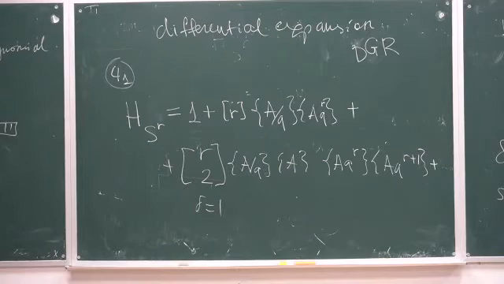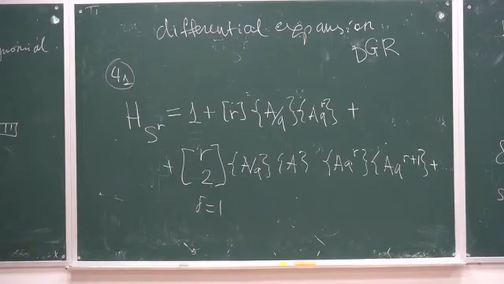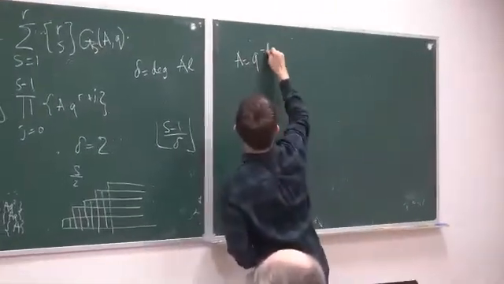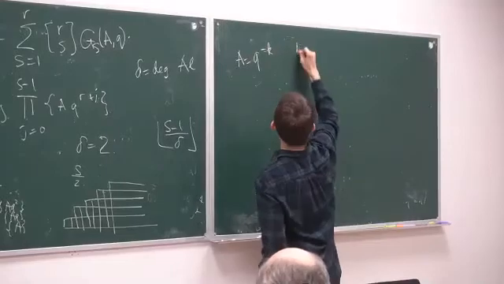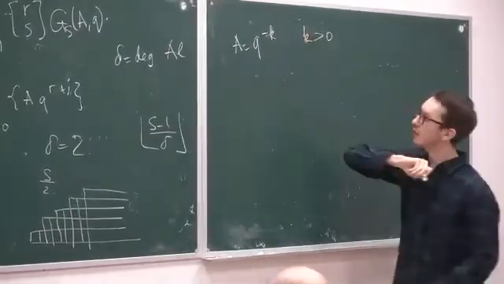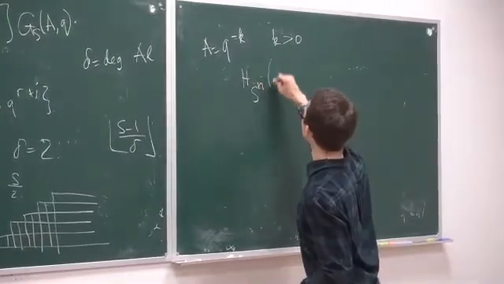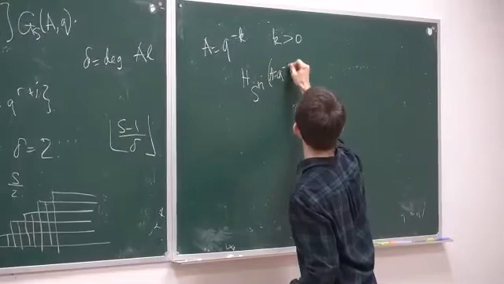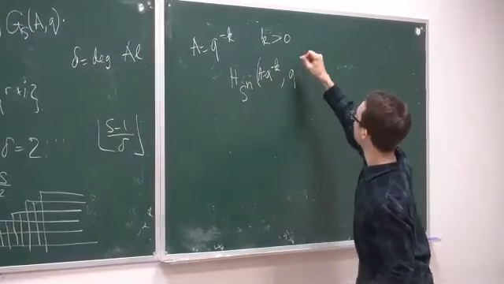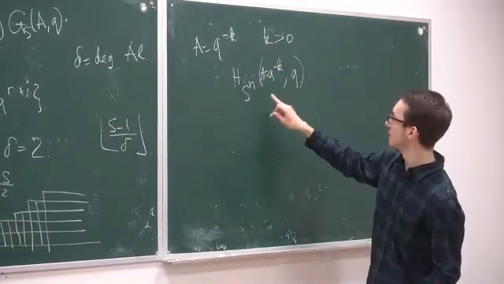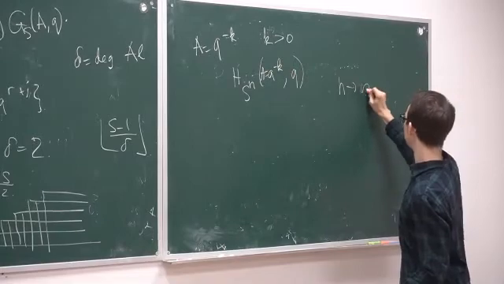And it follows from this what Gukov is now investigating: that if we substitute a equal to q to some negative power k, and consider H_n as a function of q, then the coefficients of this stabilize when n goes to infinity.